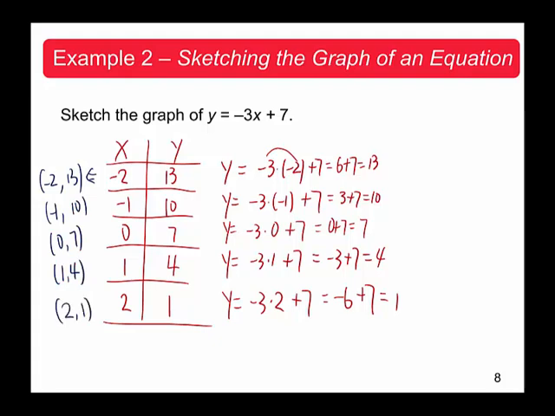If you look, as the x value increases by 1 unit, the y value goes down by 3 units. And you form a pattern here. Anytime you're increasing the x value by 1 unit, the y value goes down by 3 units.